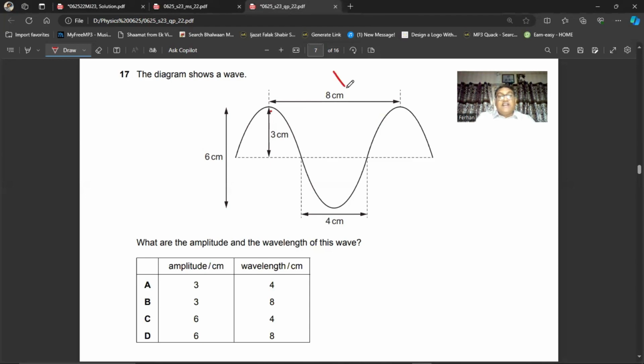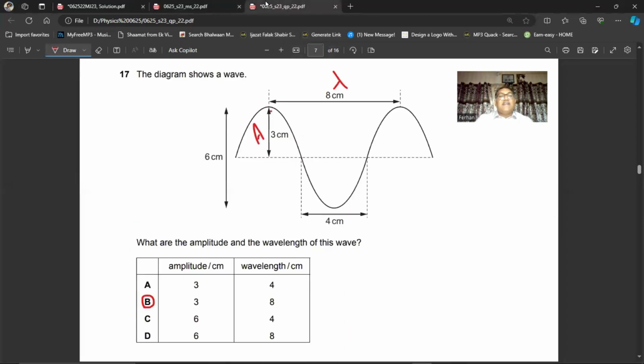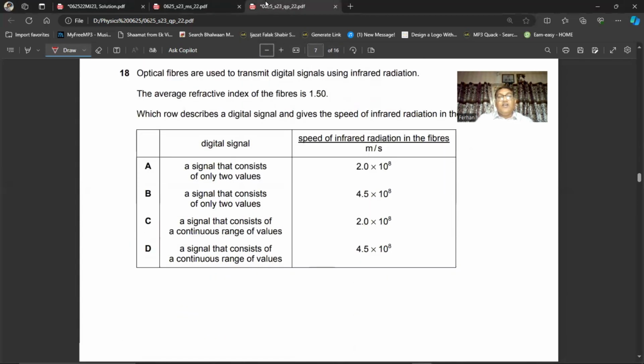The wavelength, represented with lambda, is 8 centimeter, and the amplitude here is 3 centimeter. What are the amplitude and the wavelength of this wave? So 3 centimeter is the amplitude and 8 centimeter is the wavelength. So I think B is the best answer given here. Question number 17, B is the right answer, sir.